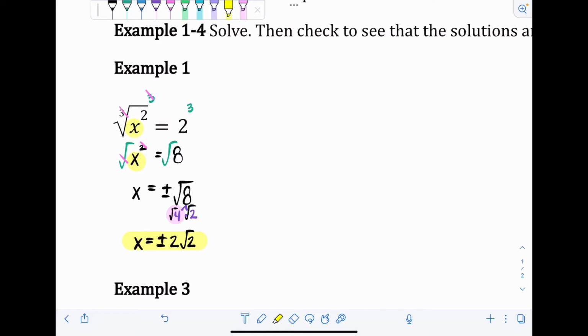And then if we want to check that, we need to take that solution and put it back in the equation where x is. We do typically want to check both the positive and the negative answers just to be safe. So for our check, it would be the cubed root of x. I'll make the first one positive 2 root 2.